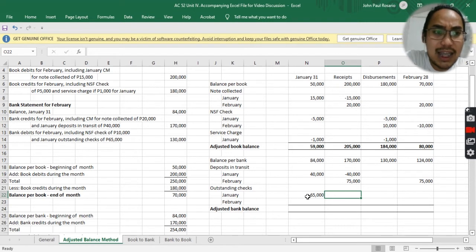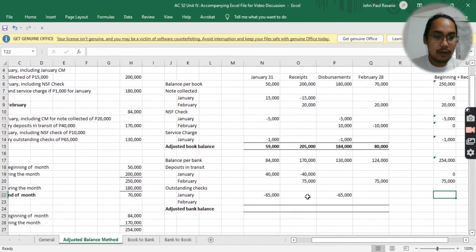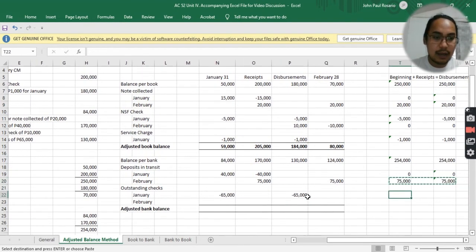So, sa imong bank statement, kani siya is na in cash siya pagka February na. So, kani siya nga mga check kay it pertains to disbursements man in January. So, meaning overstated ang imuhang February nga disbursements per bank. So, muna siya, imo po siya i-minus imong disbursements. So, let's check for the kanang consistency of our equality. So, that's 65,000. Both sides.